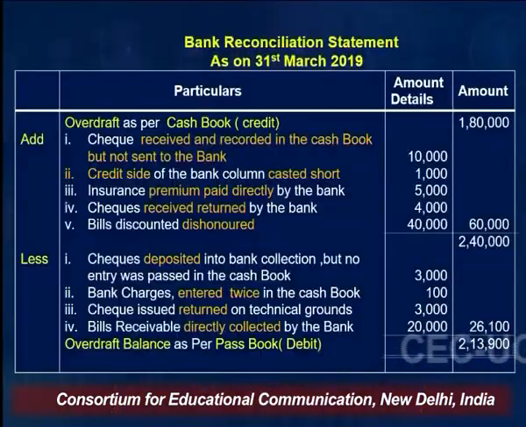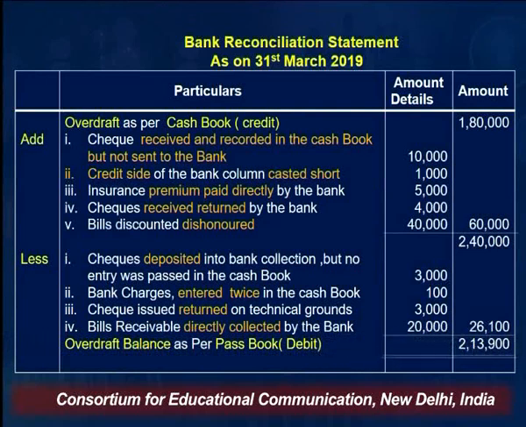The second item is the credit side of the bank column of the cash book casted short. We have recorded one item, and the payment side of the cash book is casted short by 1000. Since the bank has not recorded it, the balance of the passbook is over by rupees 1000, whereas the balance of the cash book is short.